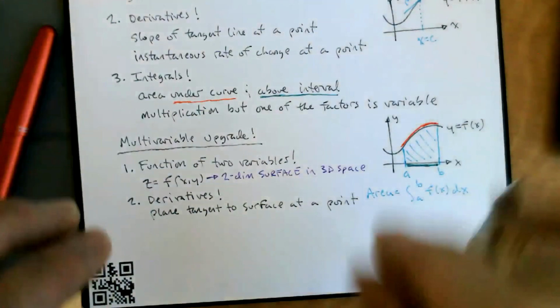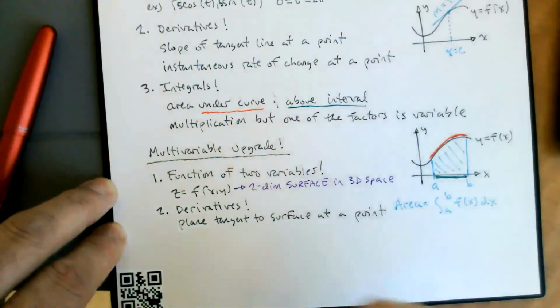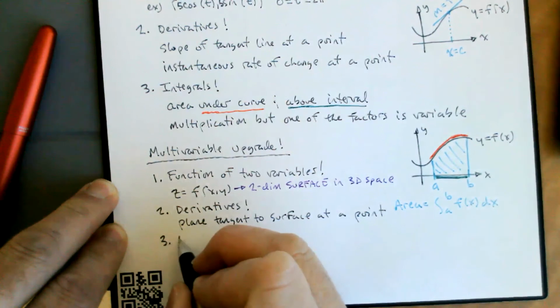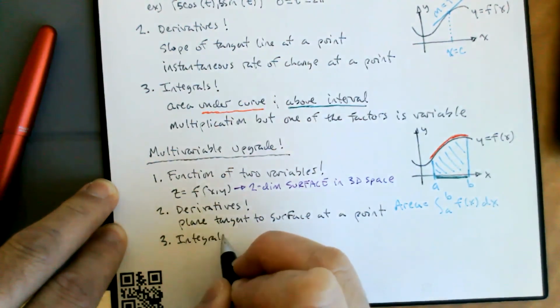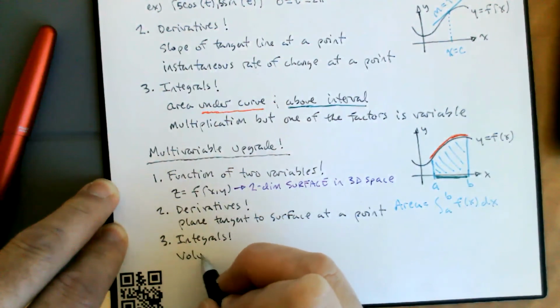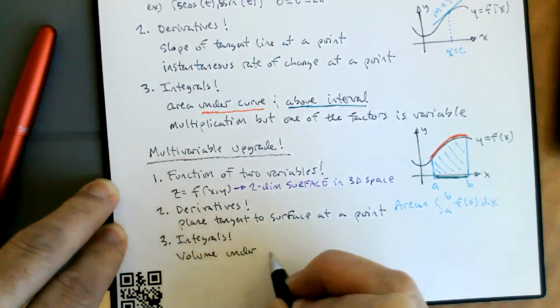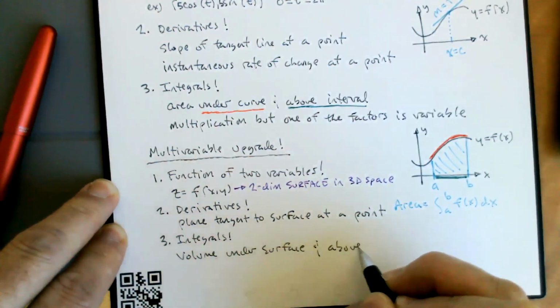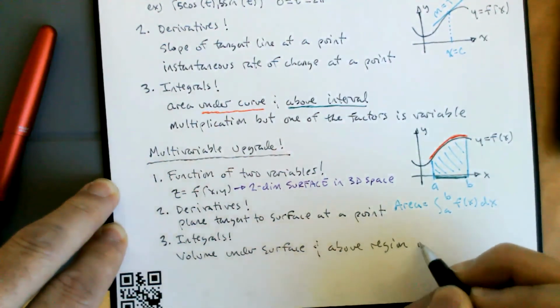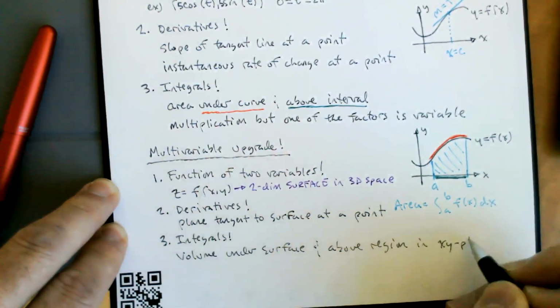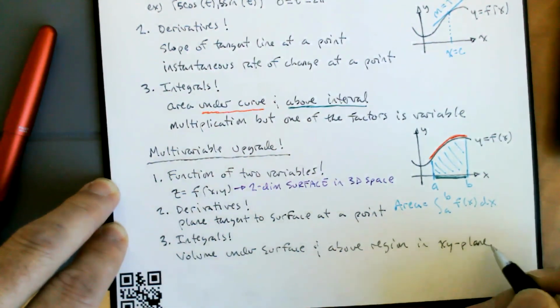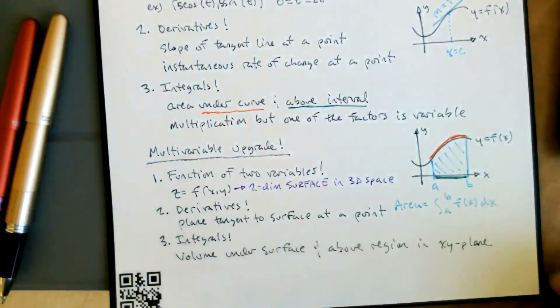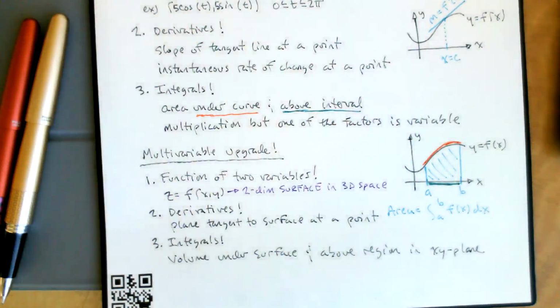So for integrals, instead of an area under a curve and above an interval on the x-axis, we'll calculate the volume under a surface and above a region in the xy plane.